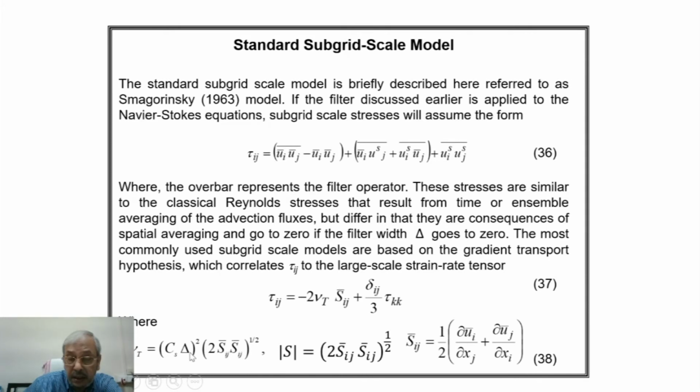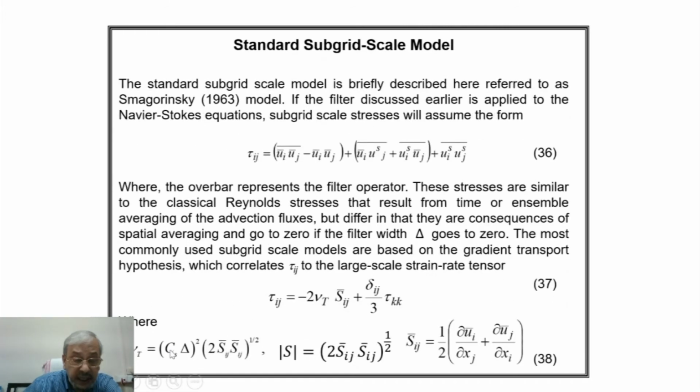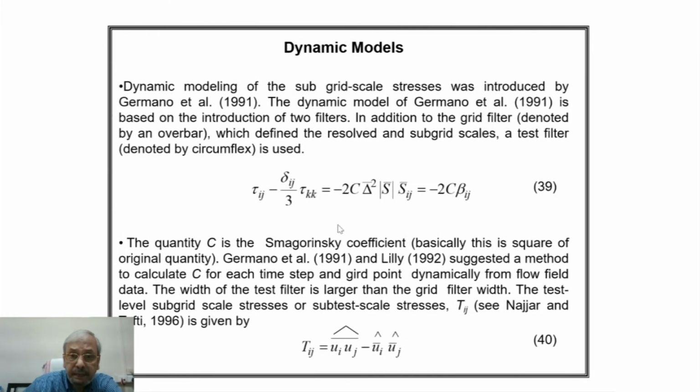So this C is Cs squared, then delta bar squared, that means average grid size, modulus of S bar into Sij bar.